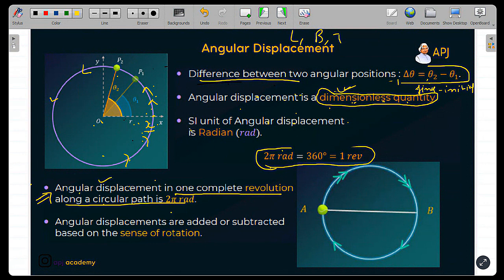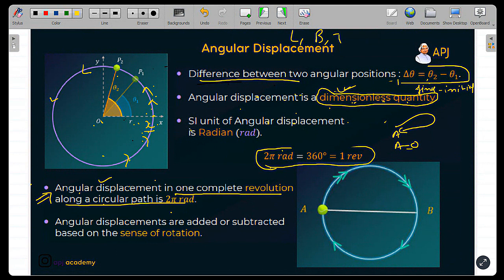This is not like linear motion, what you used to do in linear velocity. If you started from point A and again came back to point A, then in that case displacement is zero. But in this case displacement is not zero. Carefully see this. What we used to do in straight line motion, we used to say that if a person is moving from point A, travels the whole distance and again reaches back to point A, then displacement was zero.